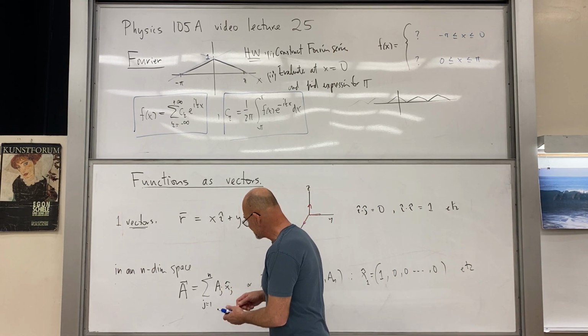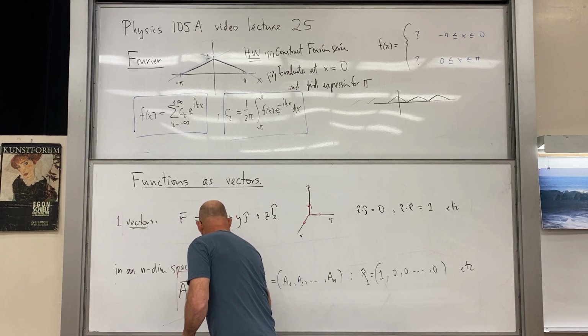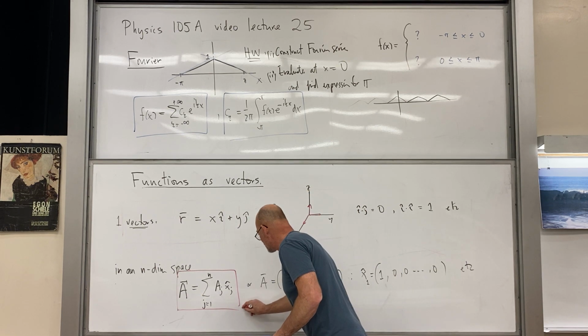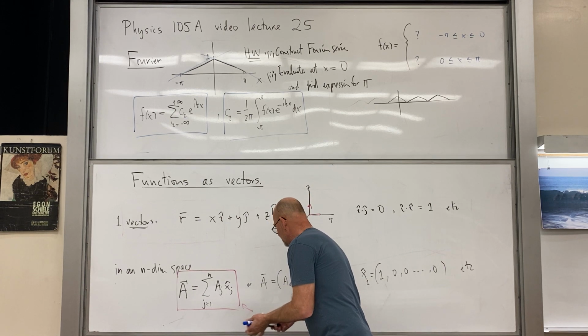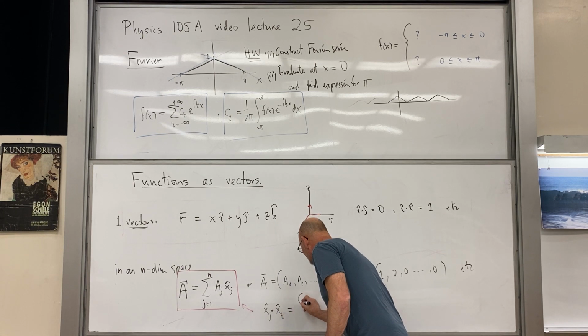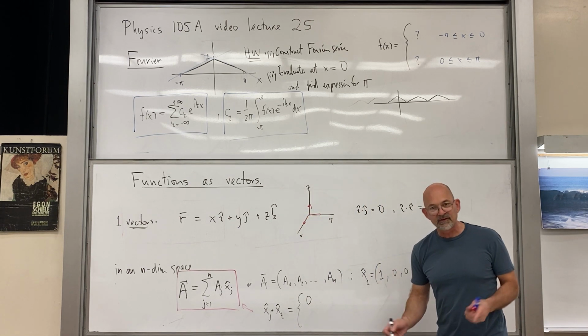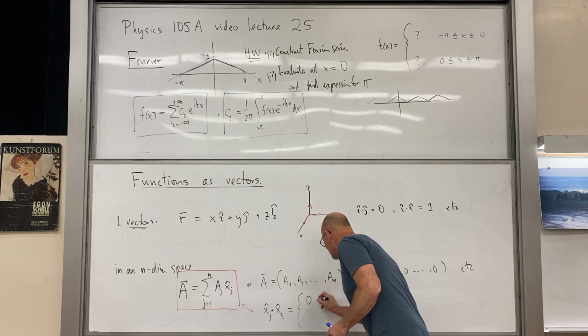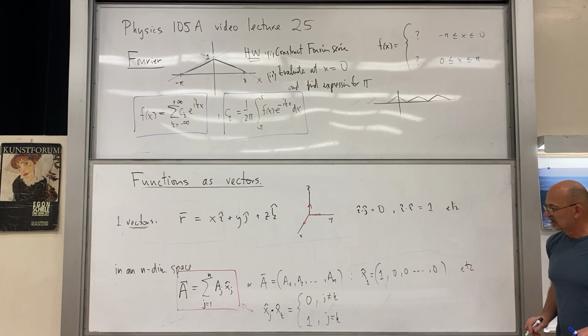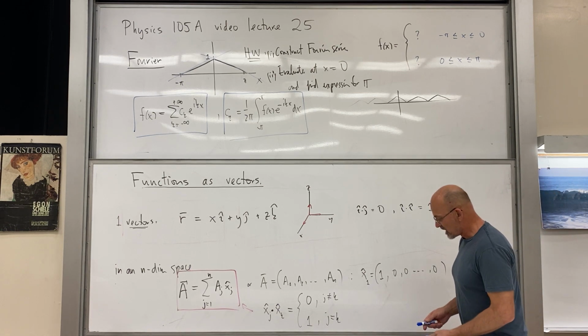So going back to this expression, we would say x j hat dot product with x k hat is equal to 0 when they're not the same vector, when j is not equal to k, and equal to 1 when j is equal to k. This is an important thing here at the bottom of the board.